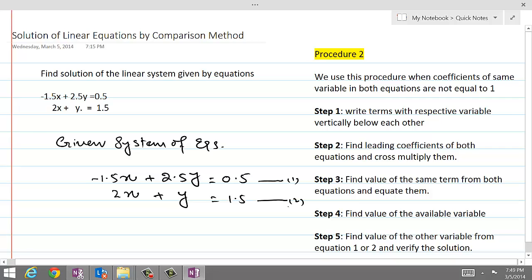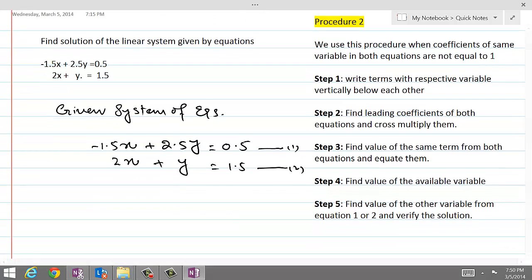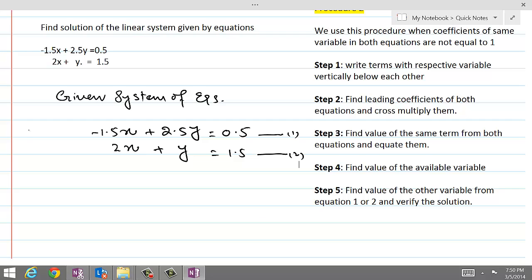According to the procedure, first we will find the leading coefficients of both equations. So what is LC, meaning leading coefficient, for equation 1? That is minus 1.5.